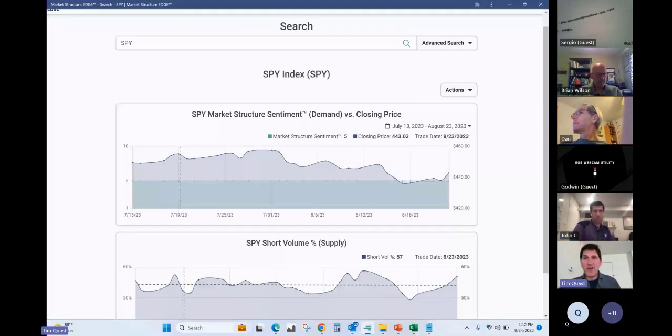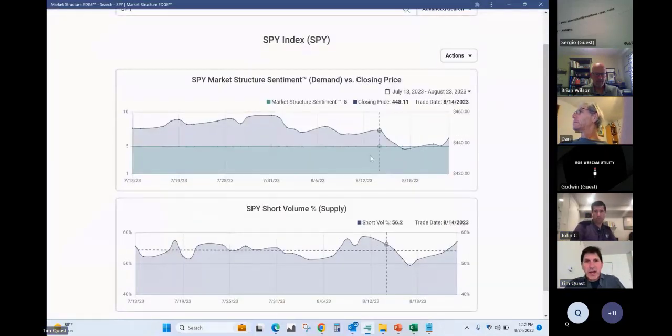But look at this. I find this very interesting, that demand in SPY tends to cling to 5, because that's what it is. Arbitrageurs are going to say, if the basket is trading below SPY, you short SPY to get it in alignment with the underlying basket, and vice versa.